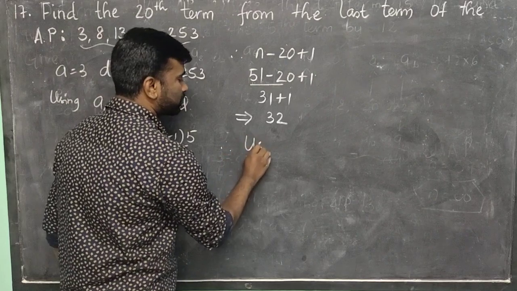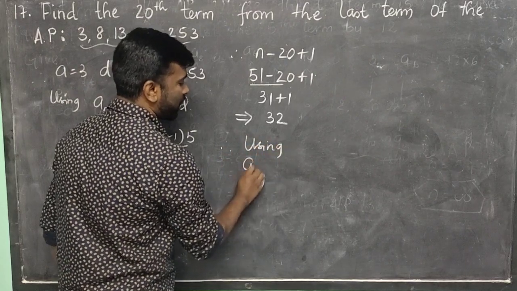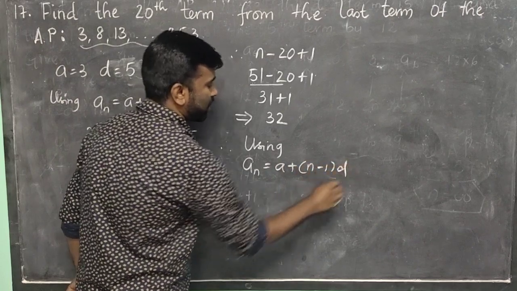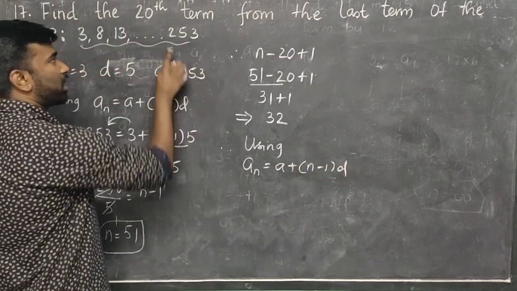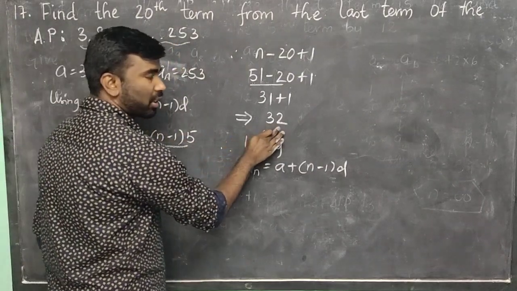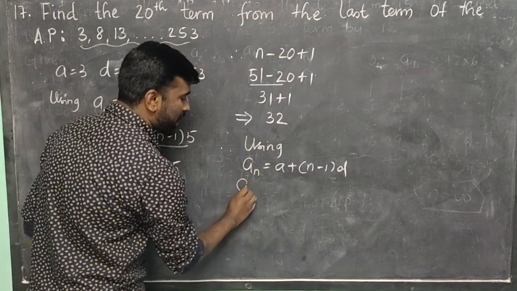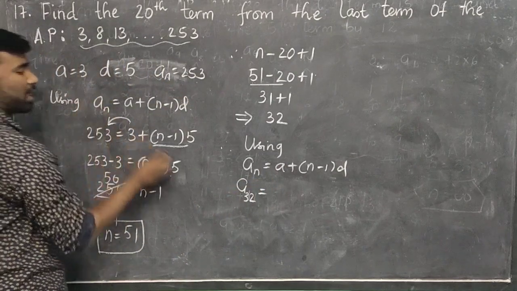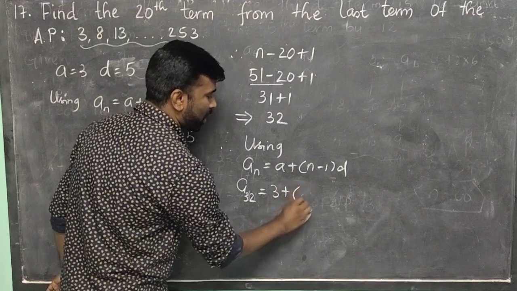Again by using the an formula, an equals a plus n minus 1 into d. What is the last term here? Last term is 253, but we should find out the 32nd term, that is a32 equals, what is a? a is 3 plus, what is the value of n?